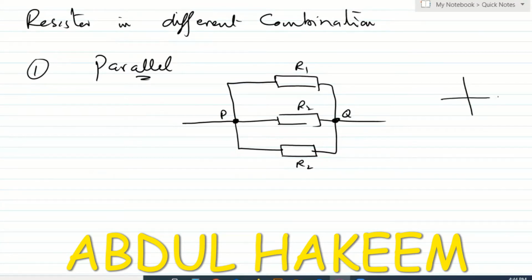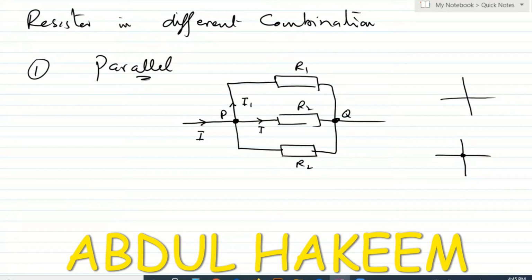If the wires are drawn like this, it means they are not connected. They are just crossing over each other. But when this cross is marked here with a dark dot, then this is a junction, mean they are connected here. So this is P junction, this is Q junction. Now, the current, mean the electric traffic, when enters the junction, then current leaves the junction, suppose I1, I2, and I3.